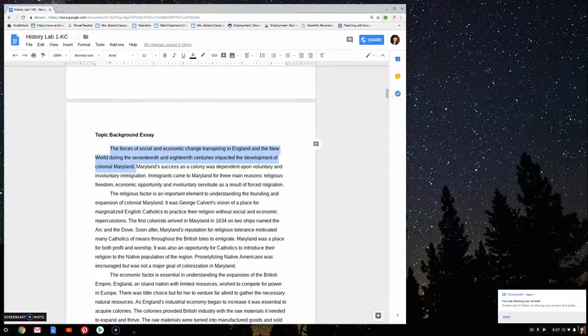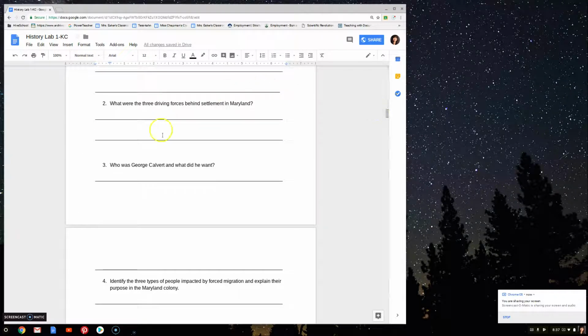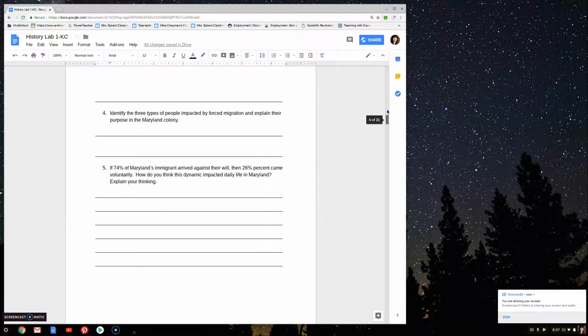The forces of social and economic change happening or transpiring in England and the New World during the 17th and 18th centuries is the thing that impacted colonial development. So each of these answers is going to be found within the context of what you're reading about. No tricky business until we get to the fifth question.